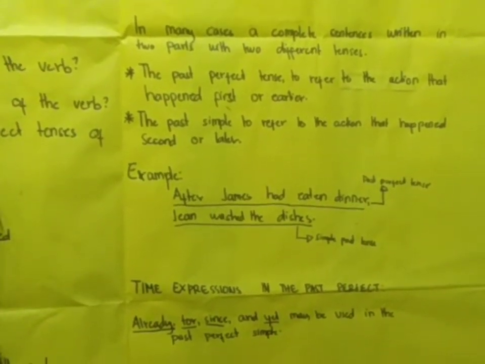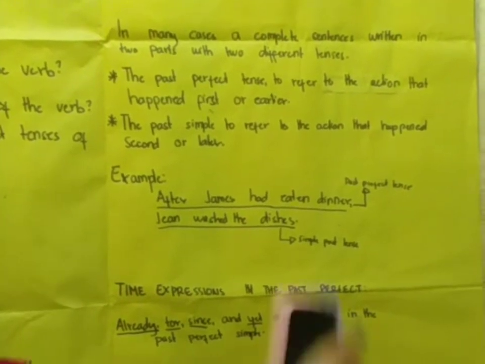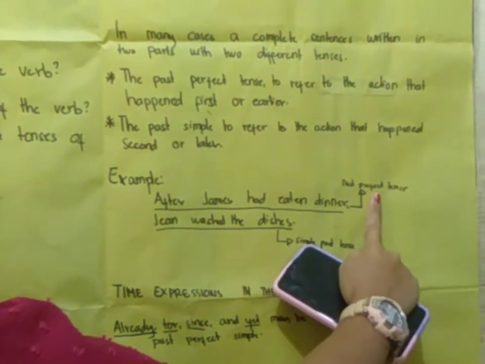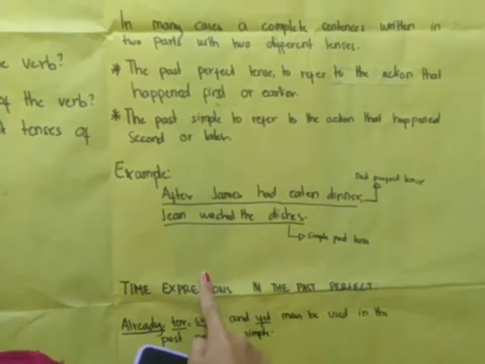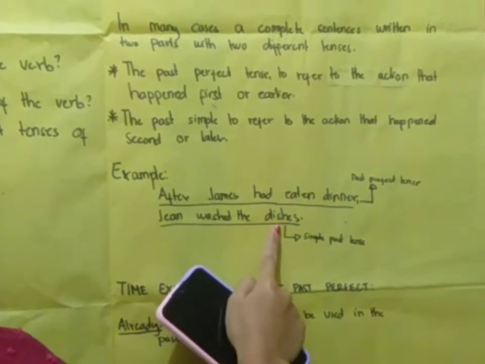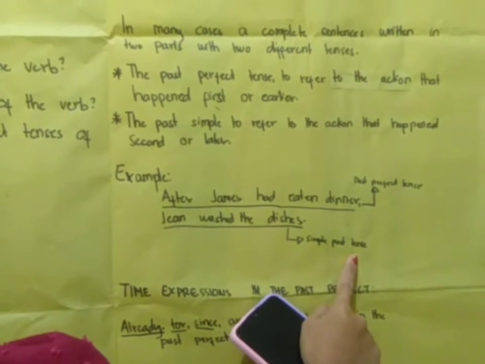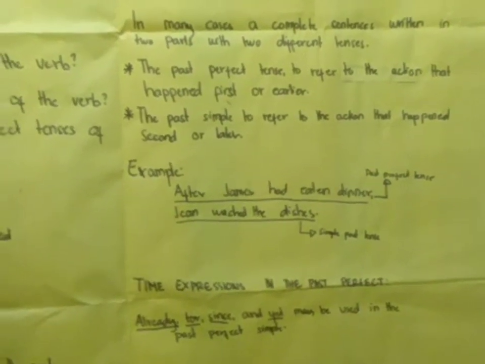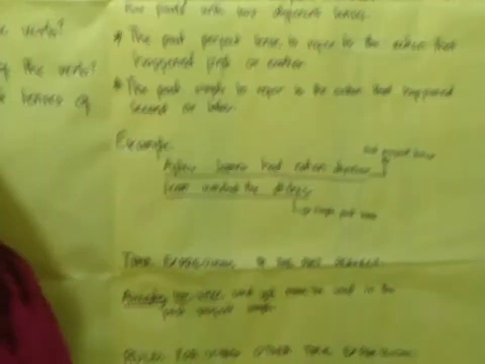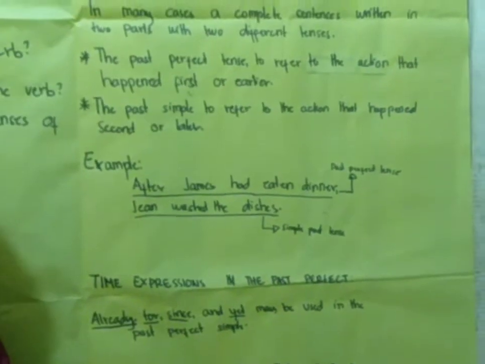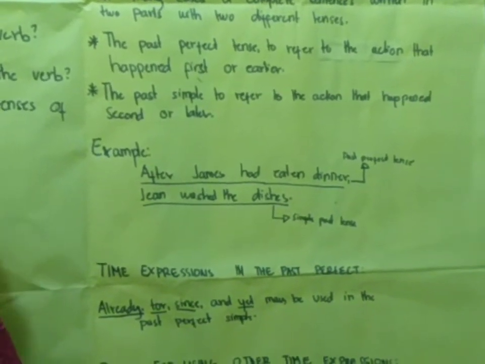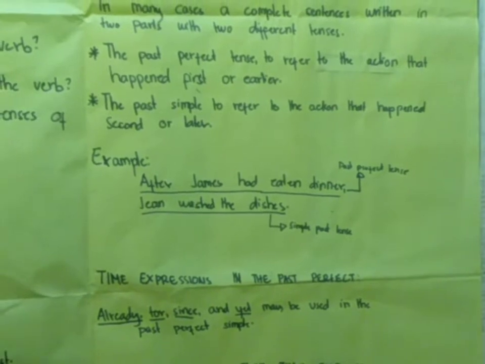After James had eaten dinner is in the past perfect tense, and the second part, Jane washed the dishes, is in the simple past tense. Students, I hope that these illustrations give you a clearer understanding of forming sentences in the past perfect tense.